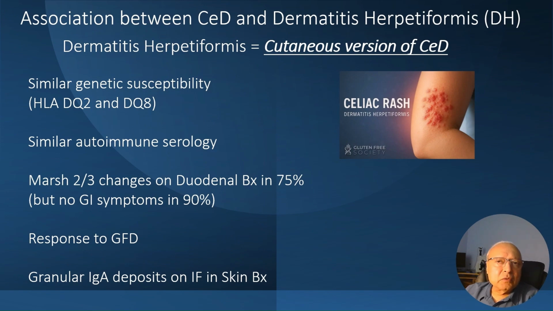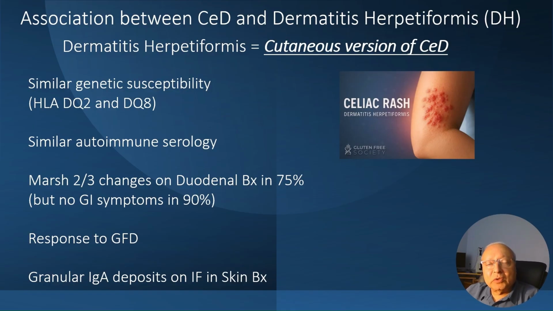The best way to describe the association of celiac disease and Dermatitis Herpetiformis is that Dermatitis Herpetiformis is a cutaneous version of celiac disease. It shares exactly the same genetic susceptibility. It has a very similar autoimmune serology.